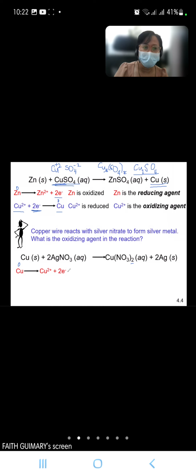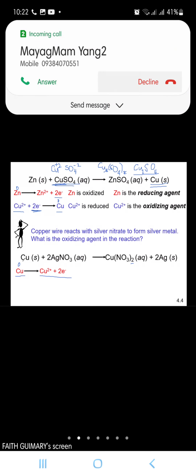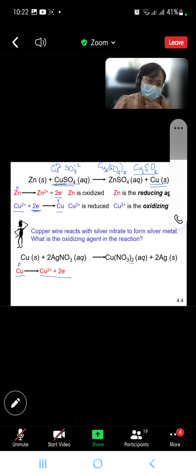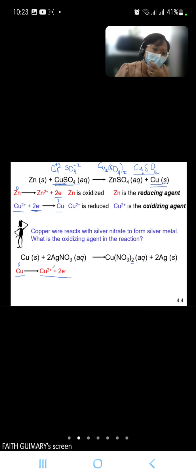Okay. On the product side, it lost electrons. So copper on the reactant side has no charge, its oxidation state is 0. When it reaches the product, it becomes +2. So what does it mean?